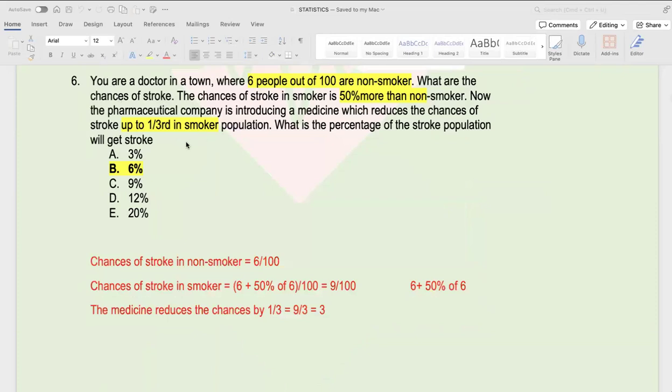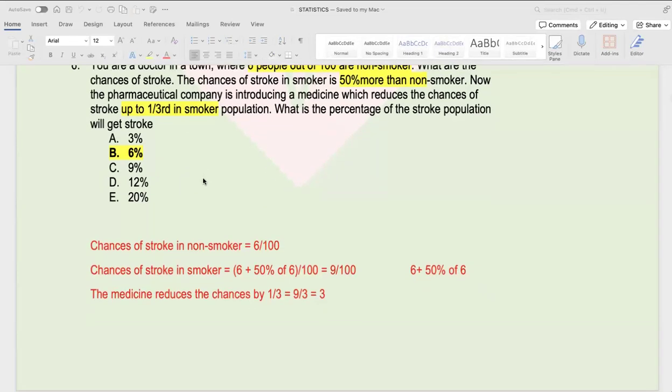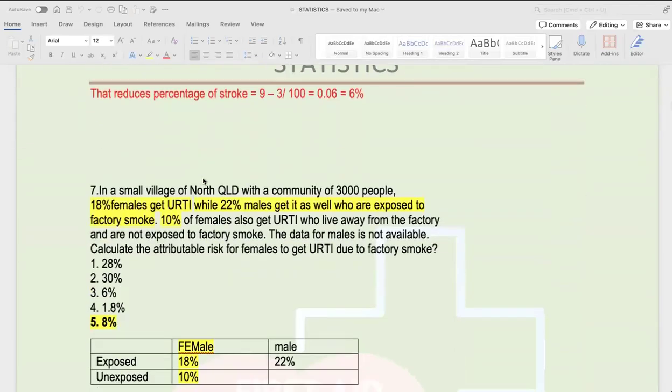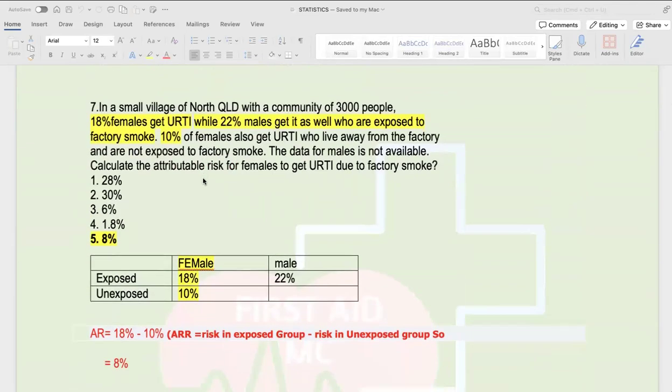Now, number 6 is a very controversial question. I will come back to it later on if needed. We'll go from there. Don't want to scare you now.